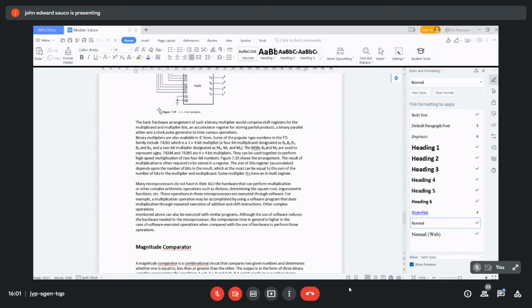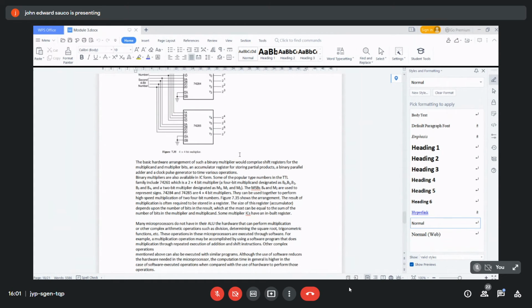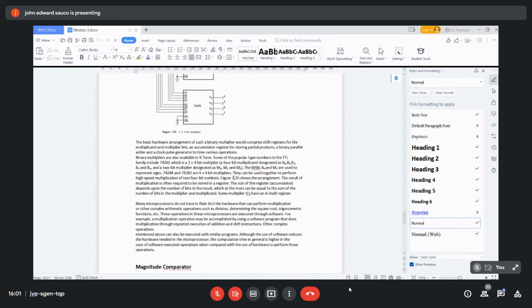So, yung 74-84 saka 74-85 na 4x4 bit multiplier, they can be used together to perform high-speed multiplication of two 4-bit numbers. Yun yung picture na. Yun yung gawing multiplier ng 4x4. Kasi itong first 4-bit number, second 4-bit number. Kaya niya, siya ng dalawa.